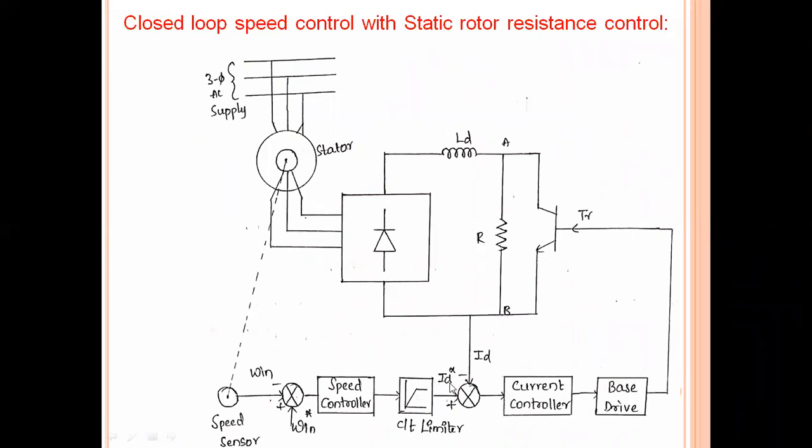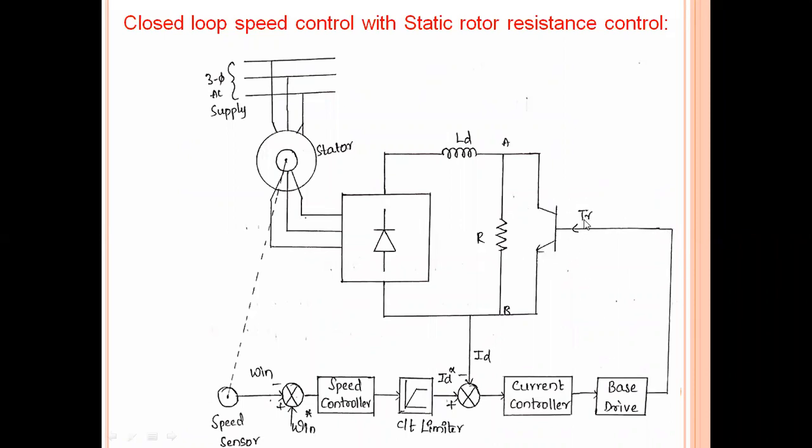which is required to operate at that particular speed. This reference current is compared with the actual DC current of the circuit, and the current error is generated. This current error is again given to the PI controller to regulate that error, and that regulated value is given to the PWM circuit or the pulse generation circuit. This base driver is basically a pulse generation circuit, and it will generate a pulse accordingly, and that pulse is given to the chopper switch.